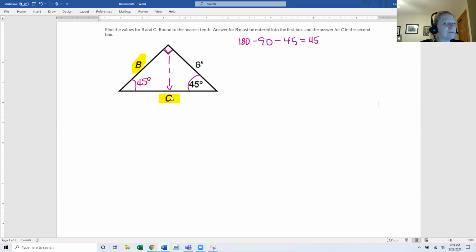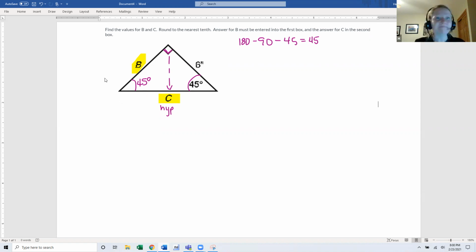Because it's across from the 90. So that's my hypotenuse. And what else? I have a feeling Jessica already knows this. What do we know about B and its relationship to the 6 inches? Anybody know? B and 6 inches. If you don't know, it's okay.